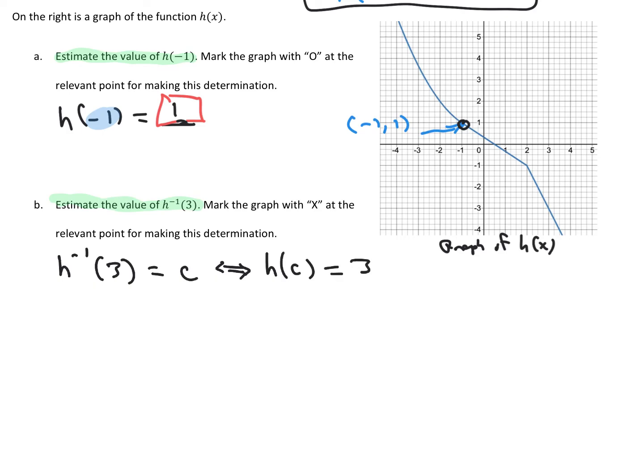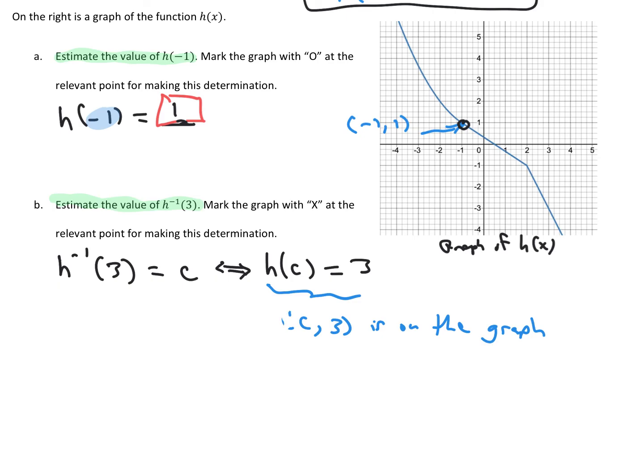These two statements are identical. H inverse and h have reversed inputs and outputs. So this statement, h of c equals 3, on the graph would mean that there's a point on the graph that has this form. The output is the second coordinate. So the point c comma 3 must be on the graph.